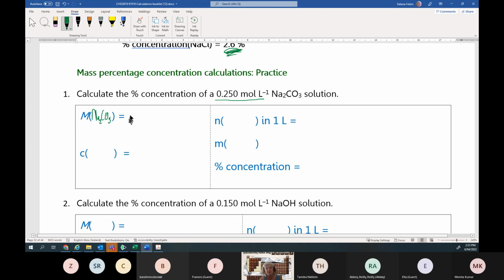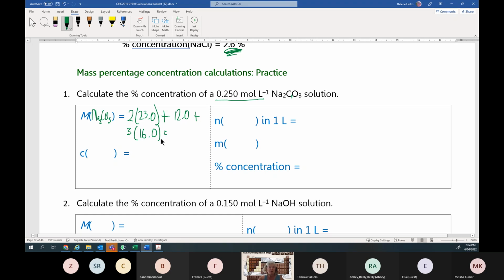So I've got 2 sodiums, so it's 2 times 23.0. If you're wondering where I get this from, I know it off by heart, but it's from the periodic table. I've got 1 carbon atom, so it's 12.0, plus I've got 3 oxygen atoms. Each oxygen is 16.0.